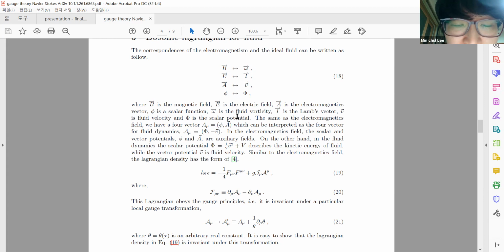For Navier-Stokes, each gauge fixing has a physical meaning. For example, if we fix a Coulomb gauge in which the spatial part of the vector potential has zero divergence, then it corresponds to incompressible fluid. So there is some difference between the Navier-Stokes equation and U(1) gauge theory. However, at least the equation of motion can be derived from this Lagrangian, which is gauge invariant.